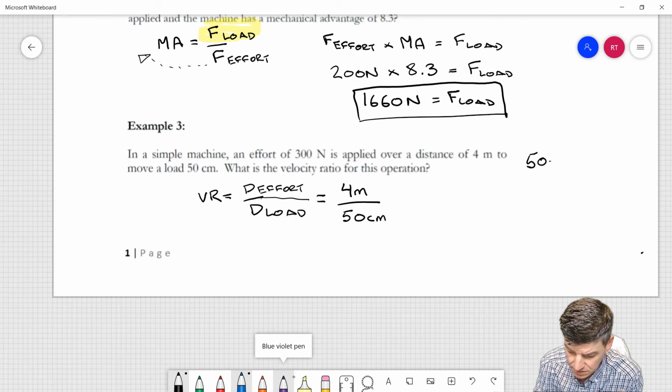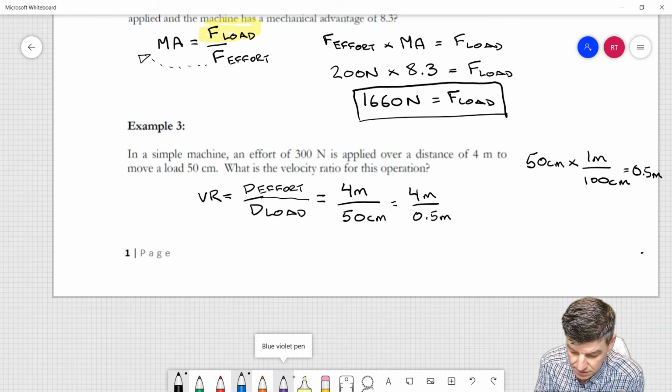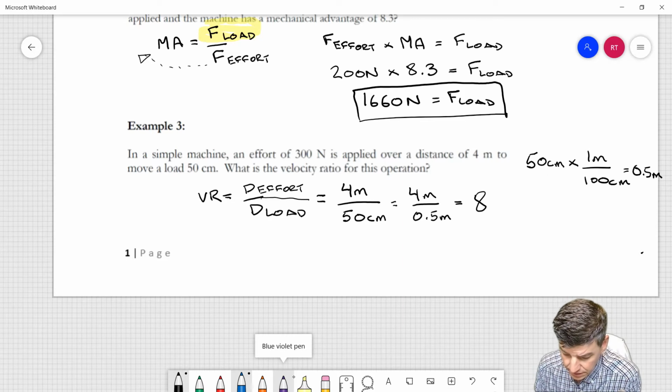So 50 centimeters, and if we recall how to convert, times 1 meter per 100 centimeters is going to be equal to 0.5 meters. So that is equal to 4 meters divided by 0.5 meters, and I end up with a velocity ratio of 8. We'll note that the effort of 300 newtons wasn't required in the problem. It was just some extra information for us.